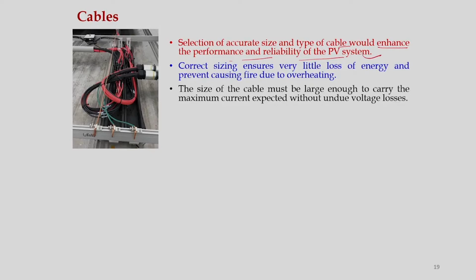The correct sizing ensures very little loss of energy and prevents fire due to overheating. The third bullet point is that the size of the cable must be large enough to carry the maximum expected current without undue voltage losses.